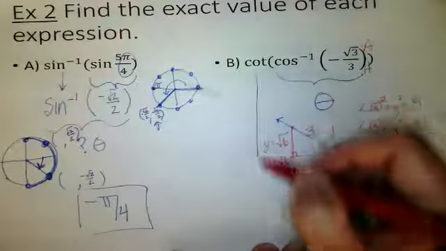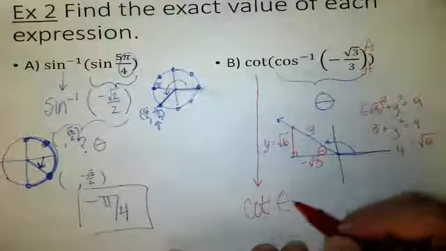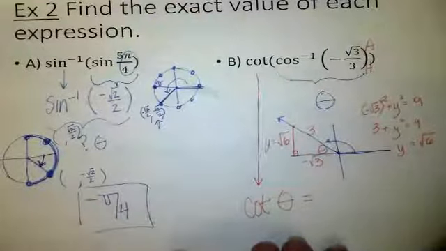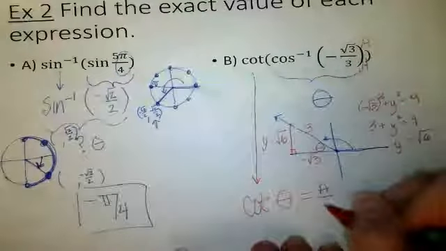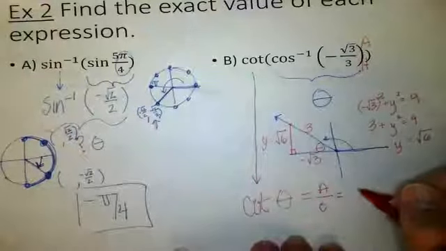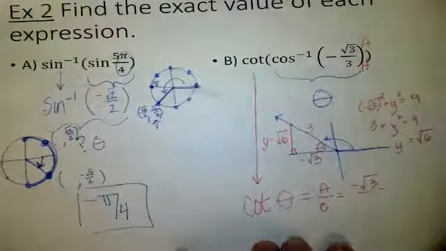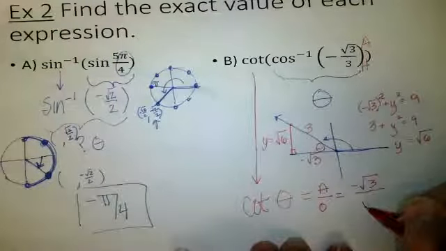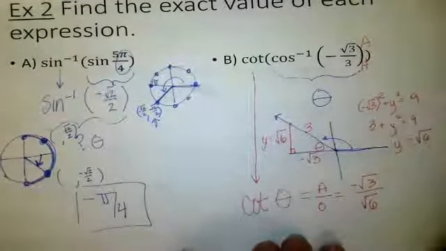And now we can figure out what is the cotangent of that lovely angle that we just drew. Adjacent over opposite. Oh, this is really interesting. Adjacent is negative radical 3 over opposite, radical 6.